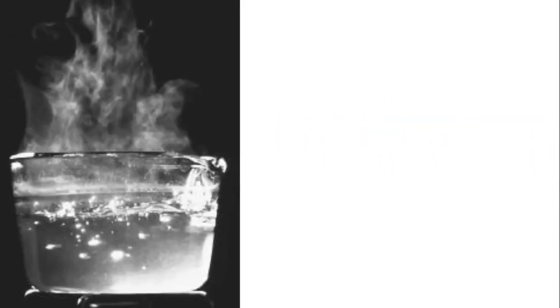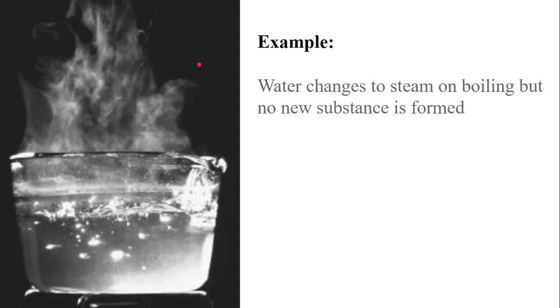Next, here you can see the image of boiling water. For example, water changes to steam on boiling, but no new substance is formed. Whenever you boil water, you can observe that there is no new substance, only steam.